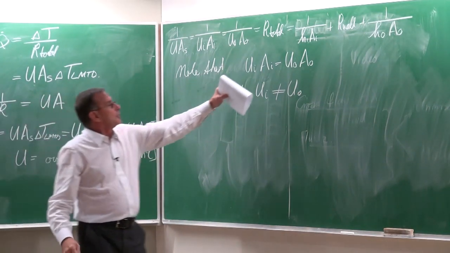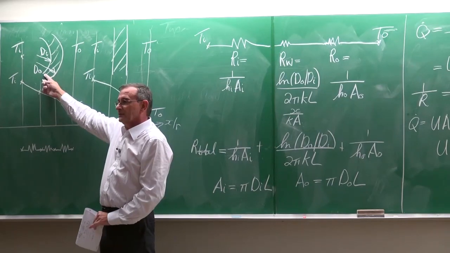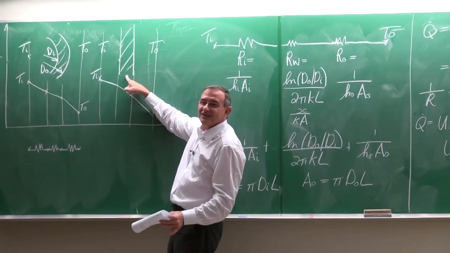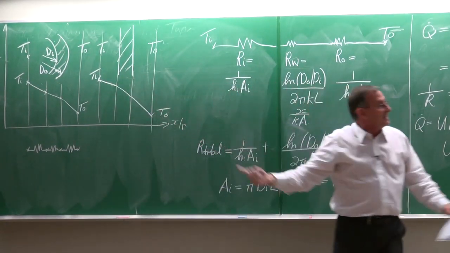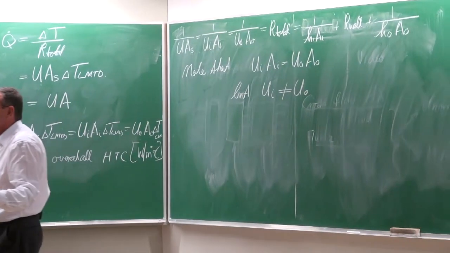Why? Because normally the outside area is going to be larger than the inside area. There's a special case where this area and that area are exactly the same. Then the overall heat transfer coefficient would be the same.